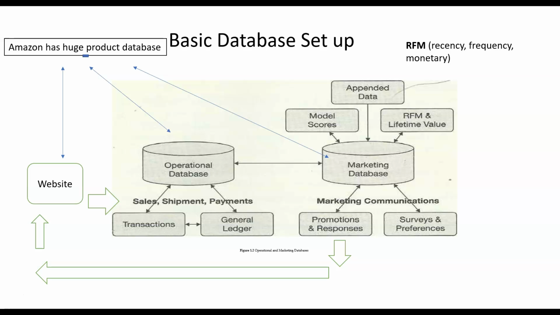Just a very simple schematic, a sketch for a basic database setup, as it says here. If it were a company like Amazon, you'd obviously have the product database as part of the setup. There's a website as part of the setup.